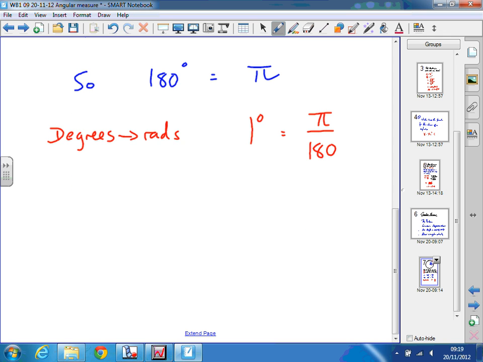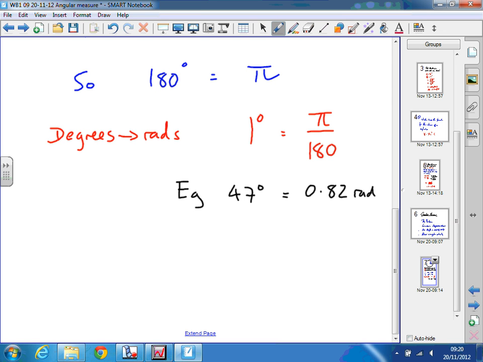For example, 47 degrees is, so on your calculator you multiply 47 by pi over 180. That's 0.82 rads.